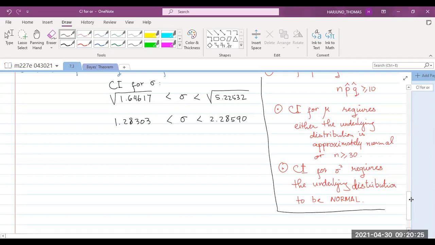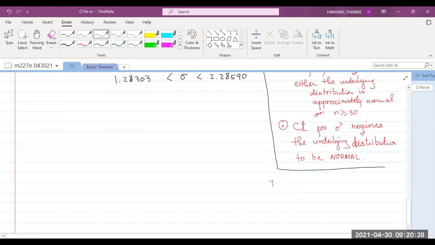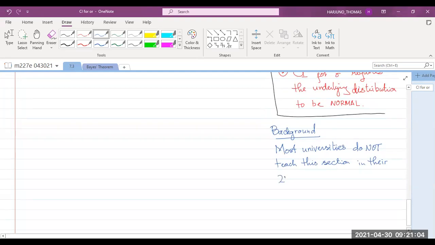Now some background. Because of the strictness of this procedure, most universities do not teach this in their undergrad or elementary statistics course, the first or second year course.